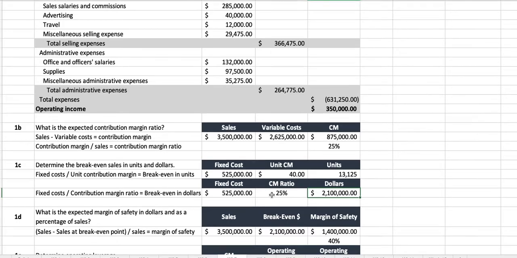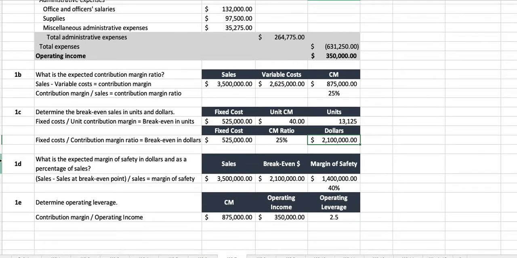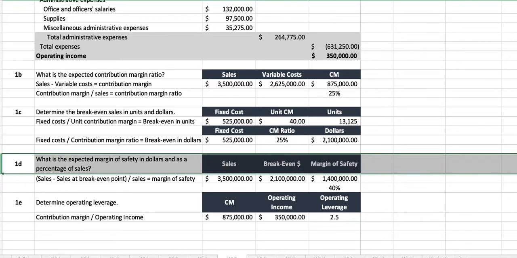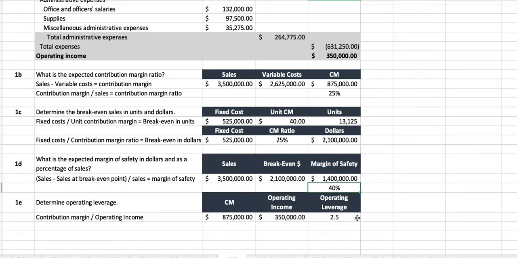Okay, now we're moving on to our expected margin of safety. So we're going to calculate the expected margin of safety in dollars and as a percentage of sales. And so we do that here, and then our percentage of sales is here. But let's take a moment to talk about what margin of safety is. We just talked about how continuity of operations is a risk management analysis, right?